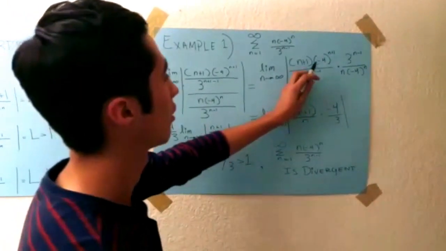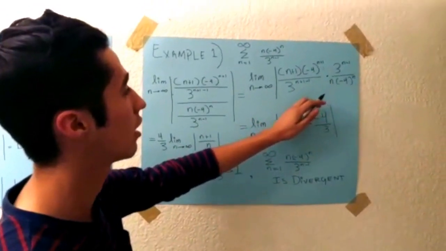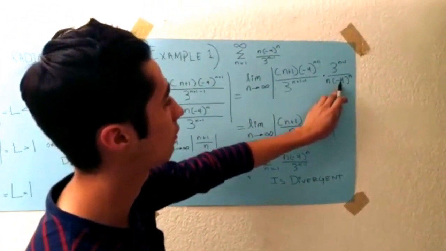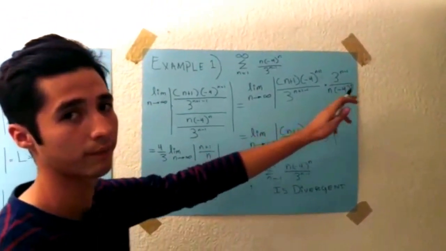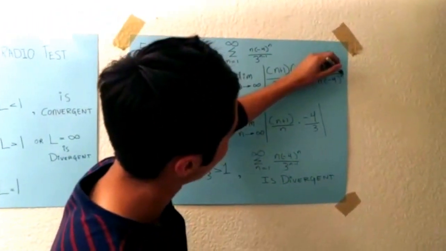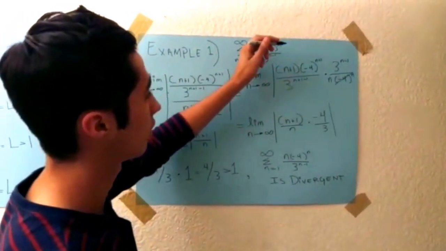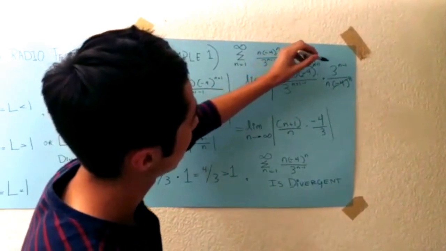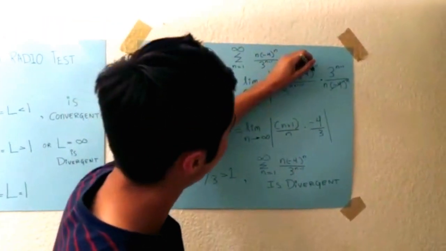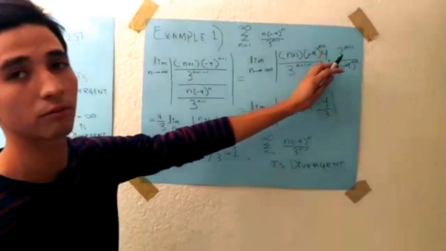So I have minus 4 to the n plus 1, and I have minus 4 to the n, but I can eliminate this part and this part, and it's going to be a 4 only, because I have n plus 1.